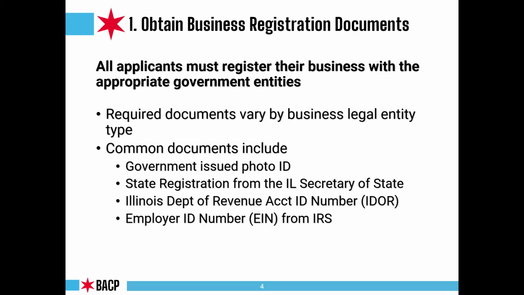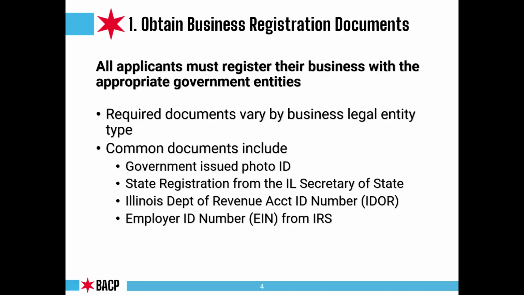If you're selling anything tangible, a product that your customer or client can physically touch and walk away with, then you'll need to obtain an Illinois Department of Revenue account ID number, and this is obtained through the Illinois Department of Revenue.